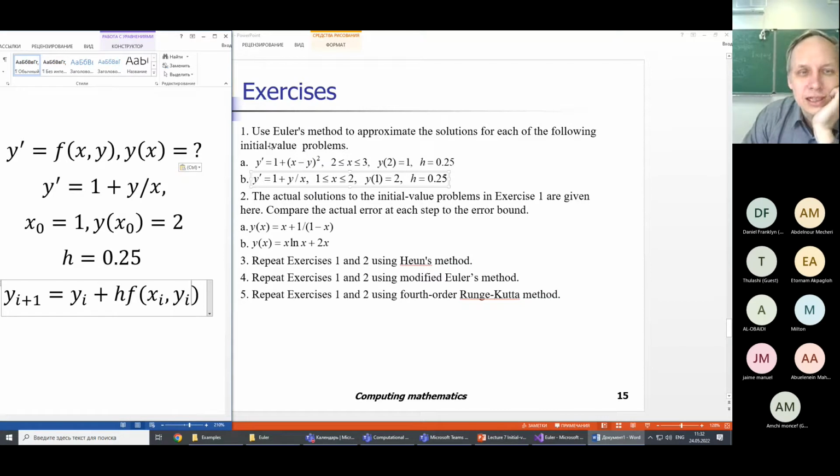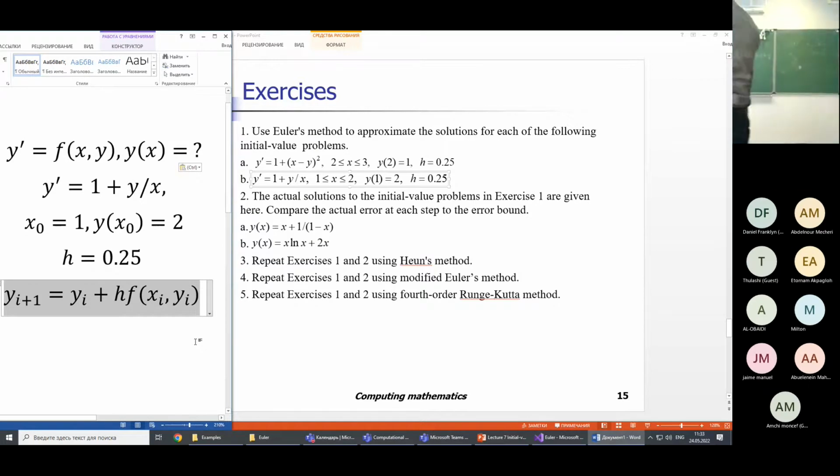Well, let's consider exercise 1 under the letter B. y prime equals 1 plus y over x. x0 is 1, y of x0 is 2, and h is 0.25. Let's use the same formula to find the values of y.